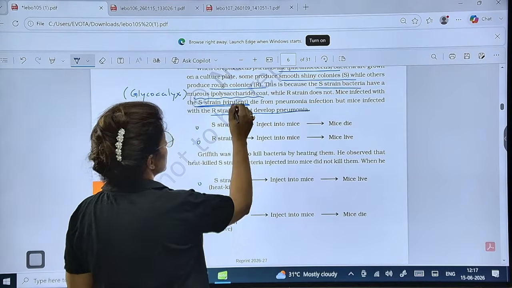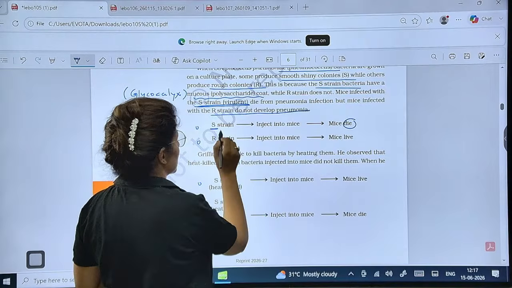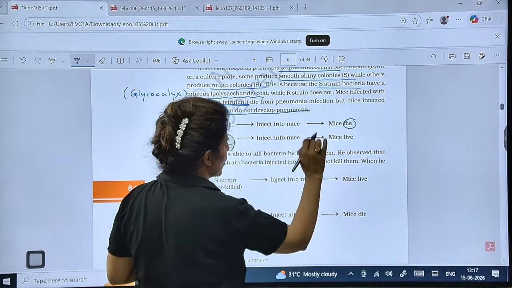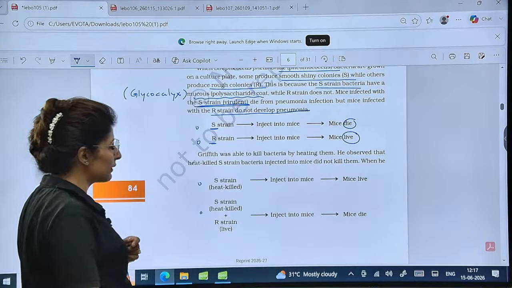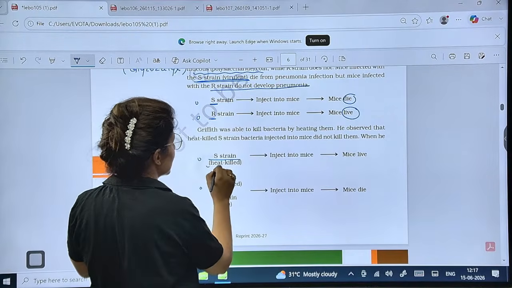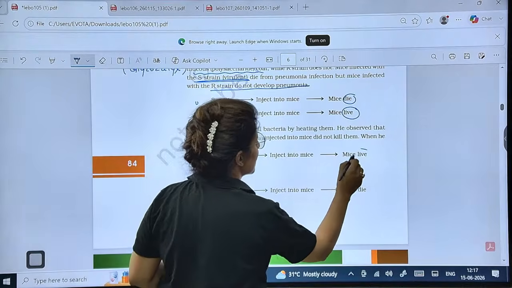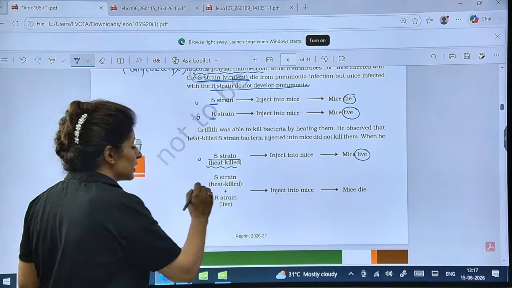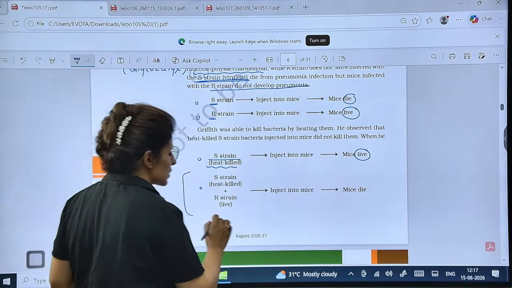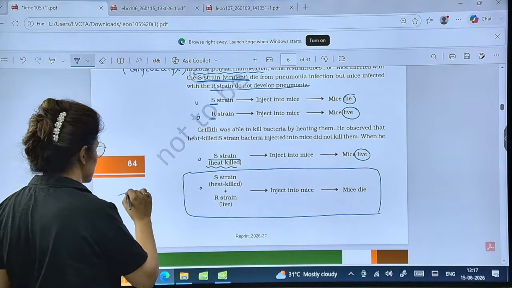The S strain is virulent, it is going to kill the mice. The R strain is non-virulent, hence the mice will live, right? Now in the third experiment, the S strain but heat killed was injected. Now when the S strain is killed itself, the mice will live.